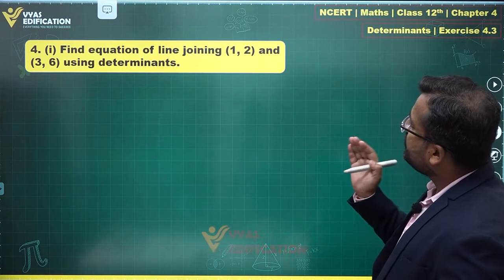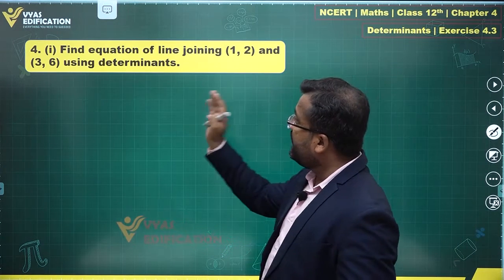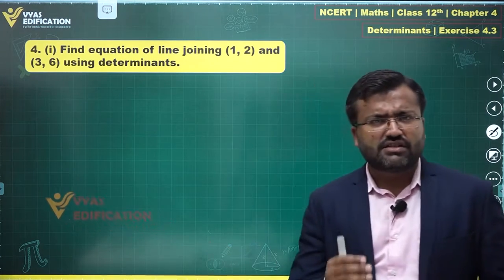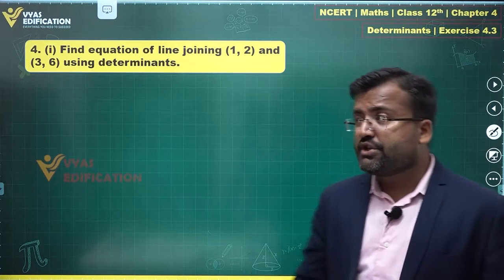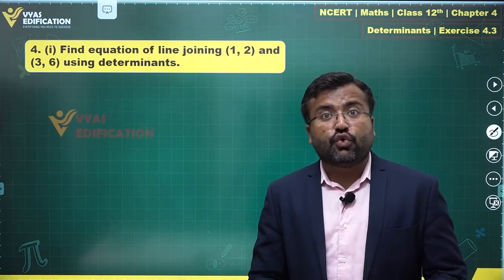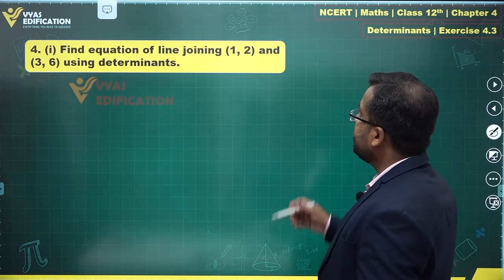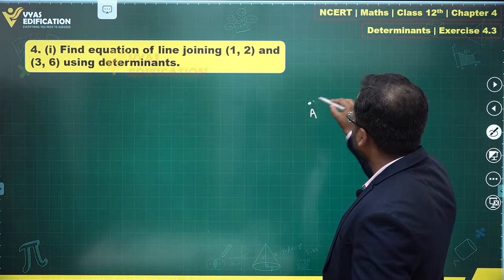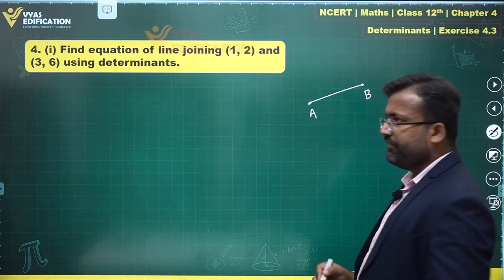The question says find equation of line joining 1, 2 and 3, 6 using determinants. Now, how are we supposed to find the equation of line? The approach is pretty simple. It is related to collinearity. Let's say we have a point A and another point B over here, right?